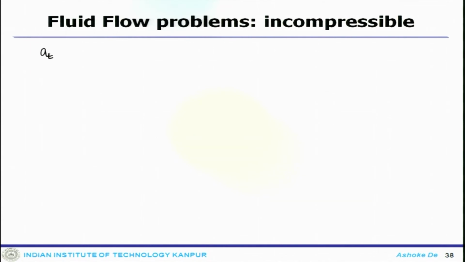Here the coefficient a e is minus rho e d e u delta y e by delta x e, and a w equals minus rho w d w u delta y w by delta x w.